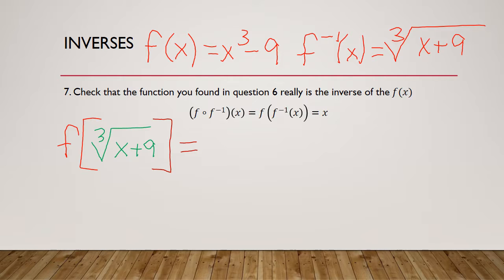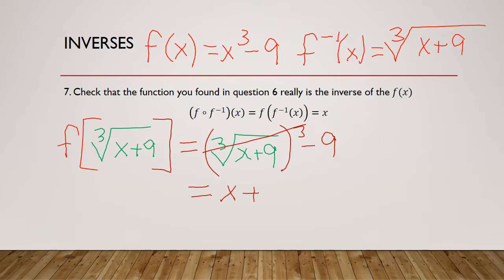So I have to take the function f and replace all of my x's. So all my x's here, I have to replace all of them with cube root x plus 9. So I would have cube root x plus 9, and then that whole thing cubed, and then subtract 9.